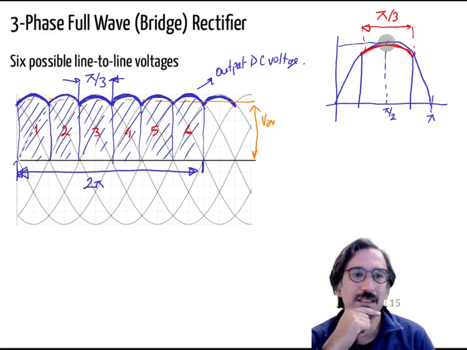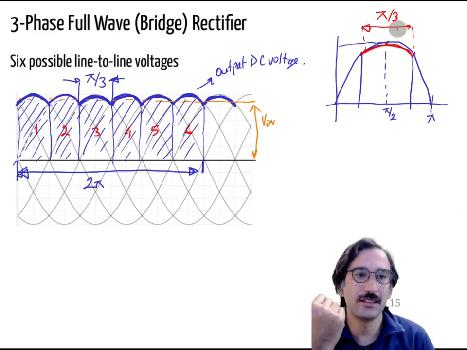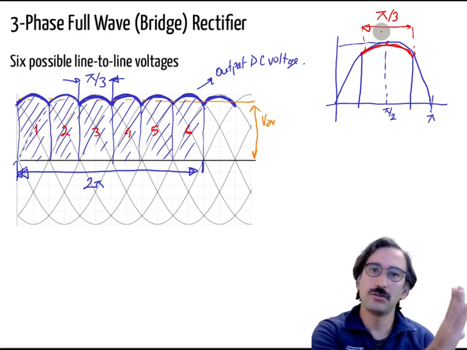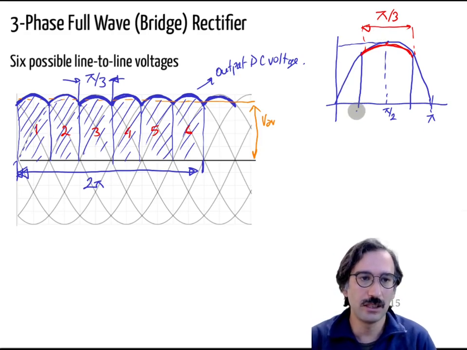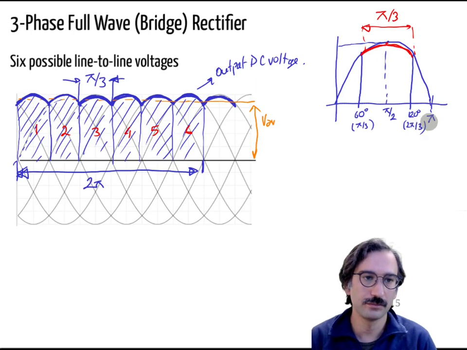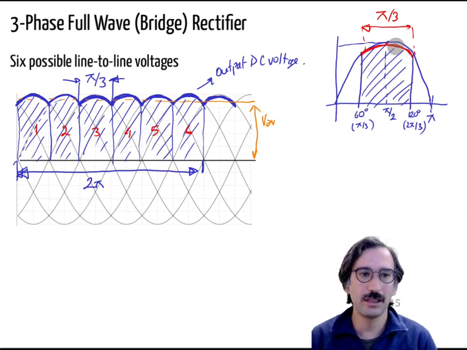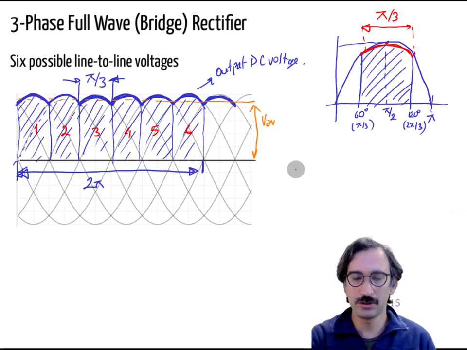If this is 90 degrees and I have 60 degrees here, it is 90 plus 30 and 90 minus 30 degrees. So here it will be 60 degrees and this is 120 degrees, or pi over 3 and 2 pi over 3. Alright, so I want to calculate that area, and if I can calculate that area, I can multiply it by 6 and divide by 2 pi, so I can calculate my average voltage, right?